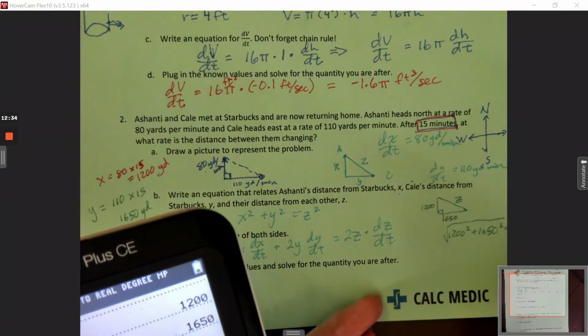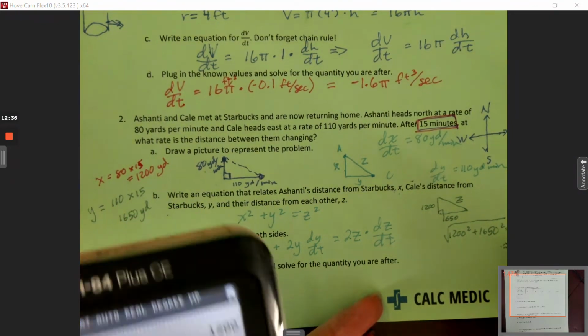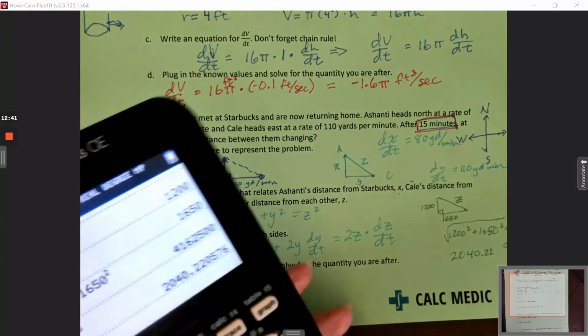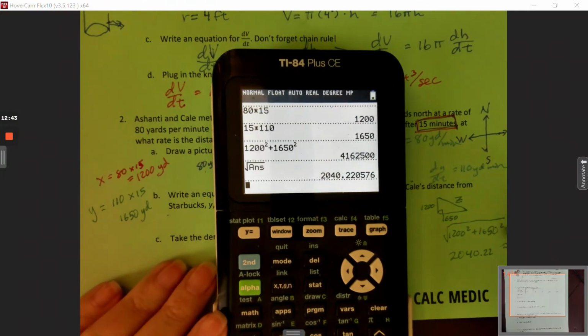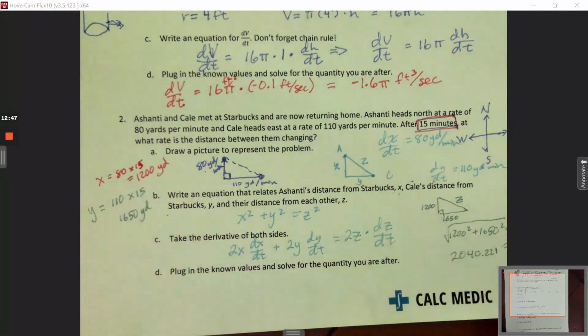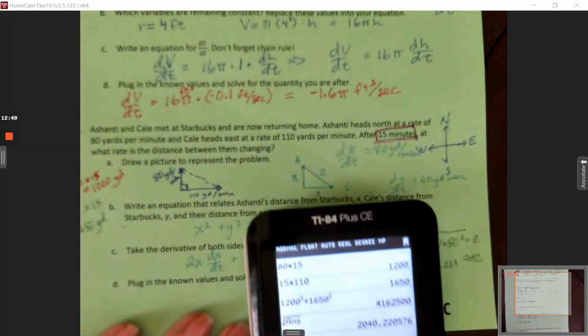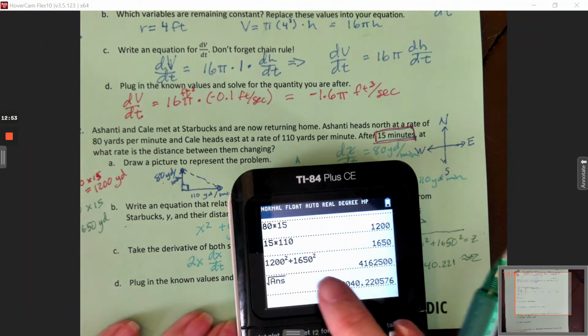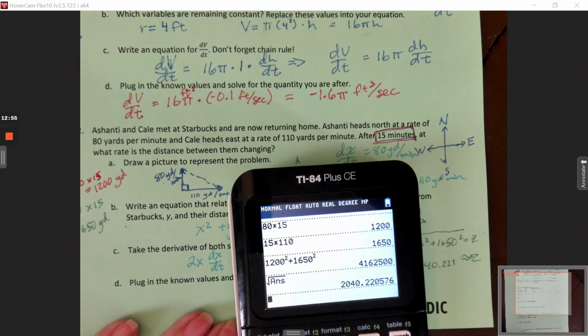So z is approximately, I need 3 decimal places, 2040.221. Okay, there's z. And you can see on my calculator how I got my numbers, that I squared them both, and that I took the square root of what I had.